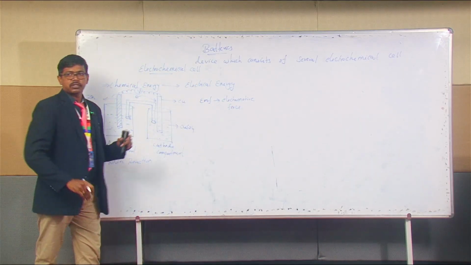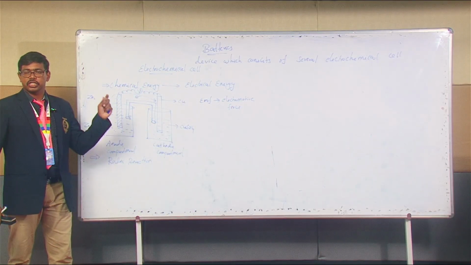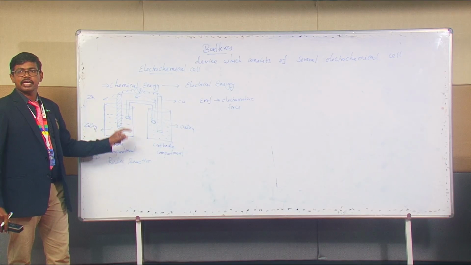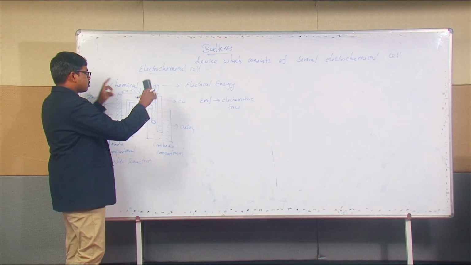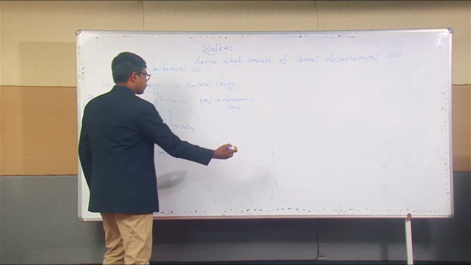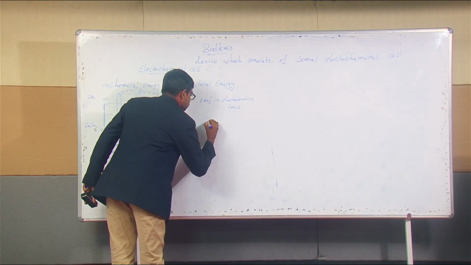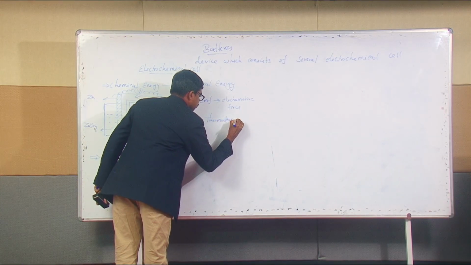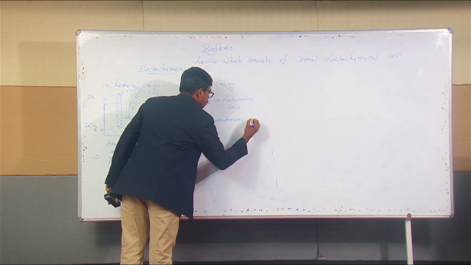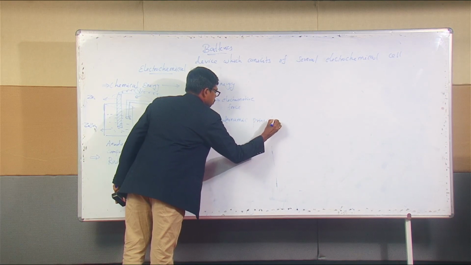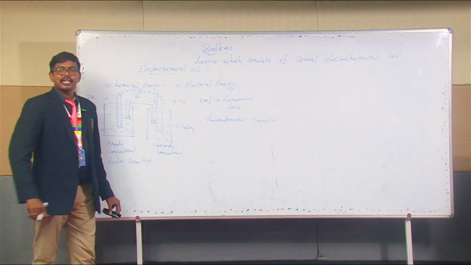EMF means the difference in electrode potential caused during the redox reaction. This complete concept works under thermodynamic principles, the famous principle of decrease in free energy.